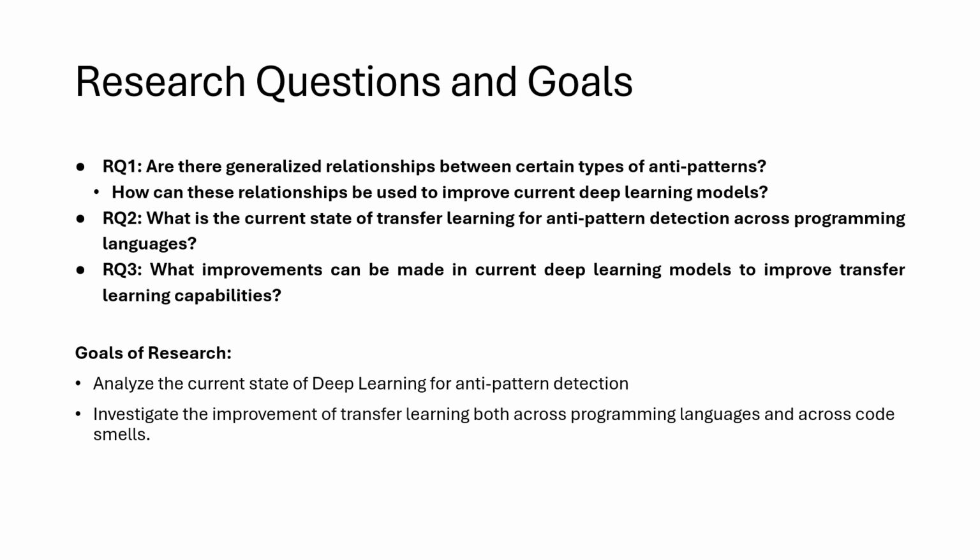And there are two goals for my research. One, to analyze the current state of deep learning models for anti-pattern detection. And two, investigate the improvement of transfer learning both across programming languages and across code smells using the relationships between code smells.